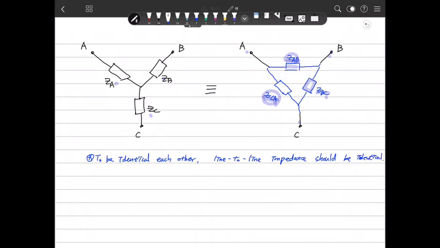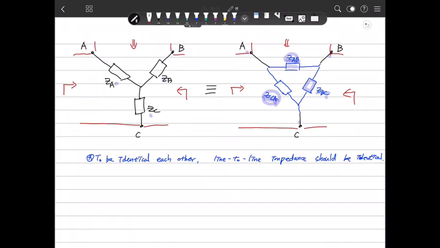What's the meaning of that? That means if we connect A and C in this manner, in the viewpoint of here, this line-to-line impedance should be the same. In the same way, if we connect in this manner, then that impedance should be the same. And we can say two configurations have the same impedance.